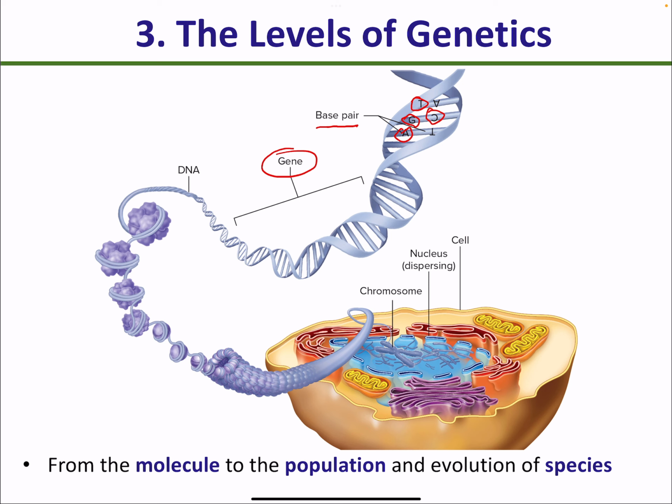And the genes are going to be packed in a long DNA molecule. And that DNA molecule in the cell is going to be combined with some proteins here. And these proteins are called histones. These histones allow the DNA to be compacted and form a very compact structure that we call a chromosome.